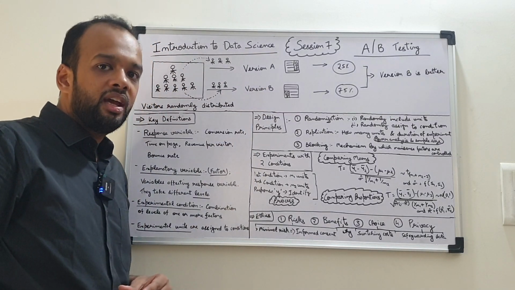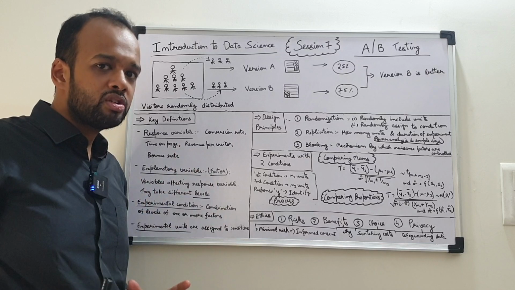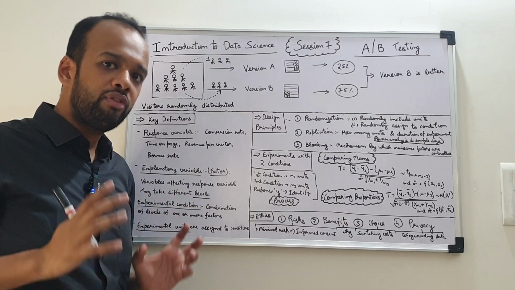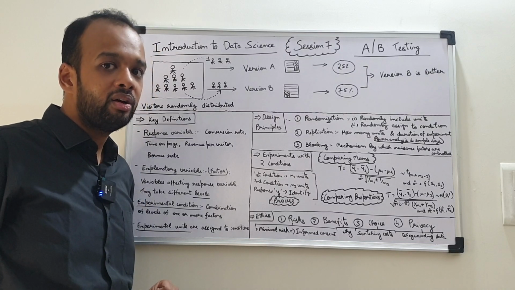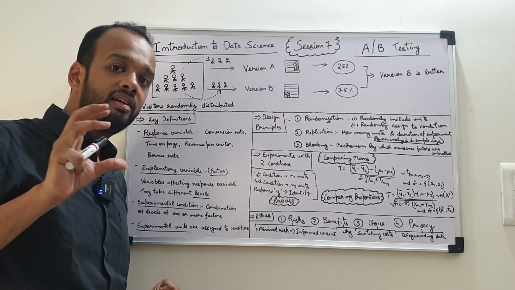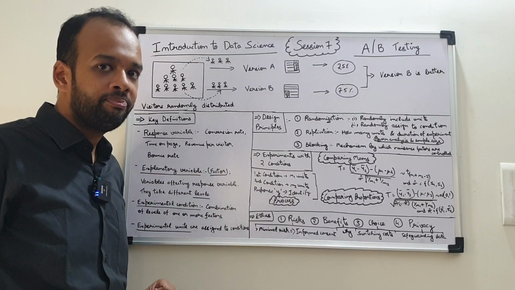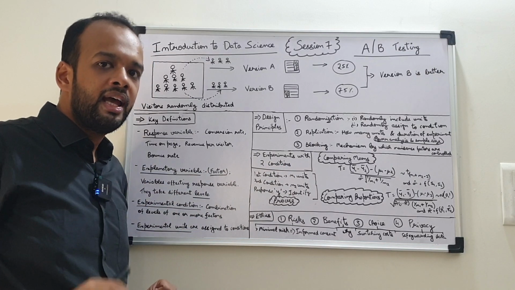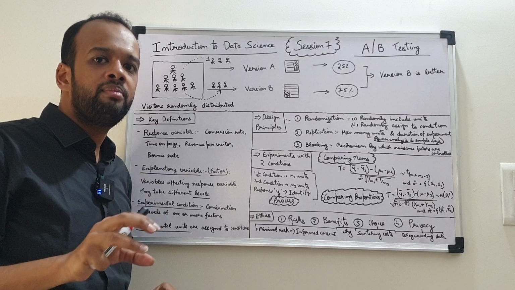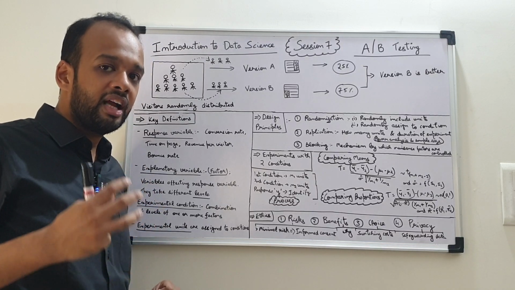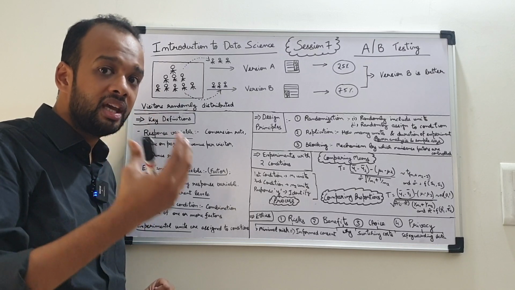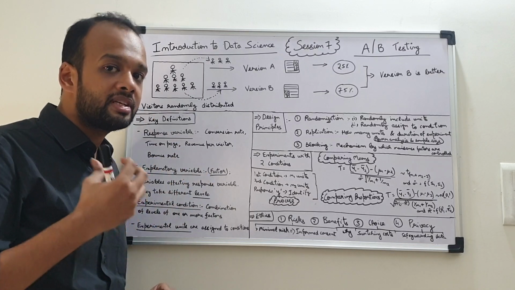All right. At this point, we have covered most of the technical details of A/B tests. But there is one important thing that we need to keep in mind when we are designing A/B tests and actually running them in the field. That is the ethics of it. Ethics in data science is very important because we are dealing with sensitive customer data. We are actually understanding their behavior when they are coming to our websites.